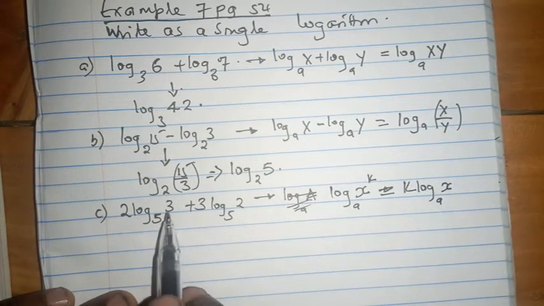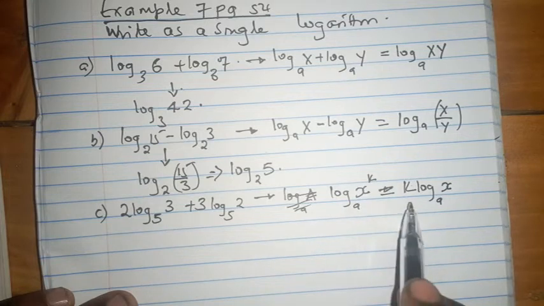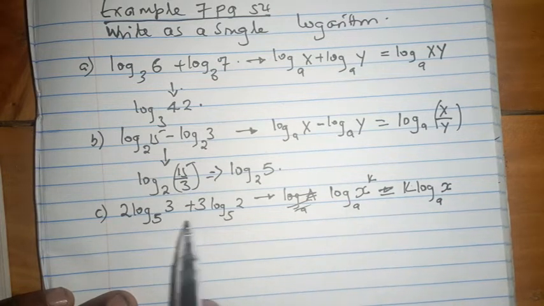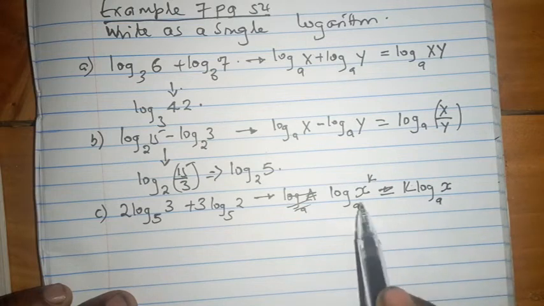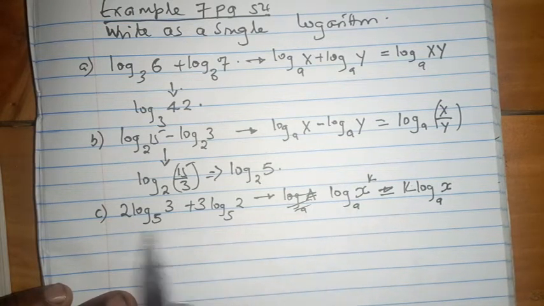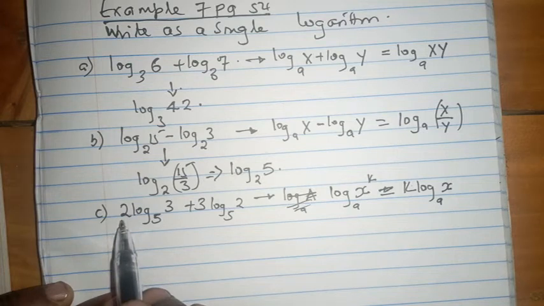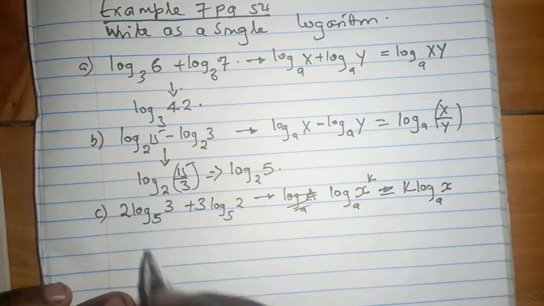In other words, the index becomes a coefficient, and this one is already in this format, so we need to rewrite it in the other format, because you can see that 2 is already a coefficient.